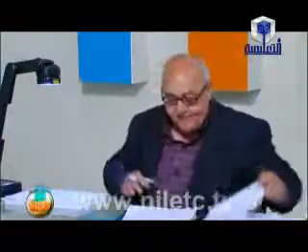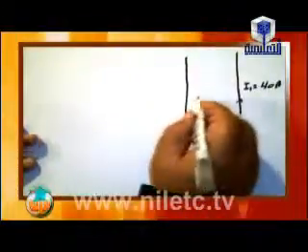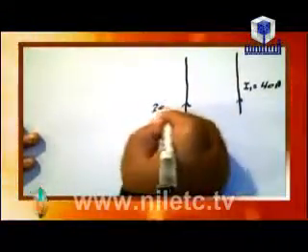We have two parallel wires as shown in the figure. The first wire carries a current of 40 ampere, and the second wire carries a current of 20 ampere.